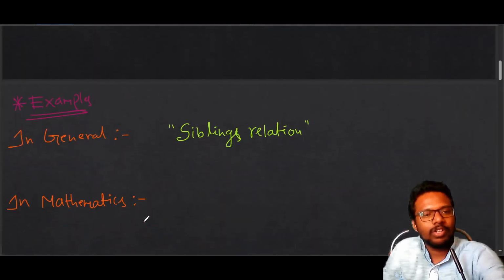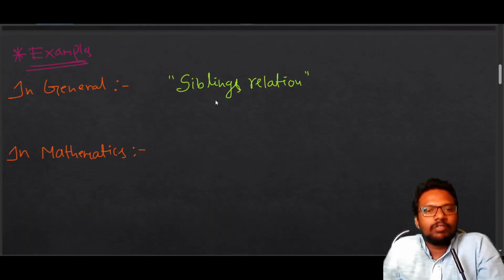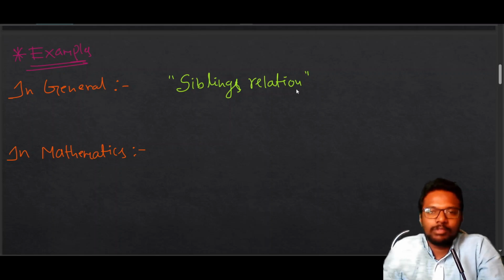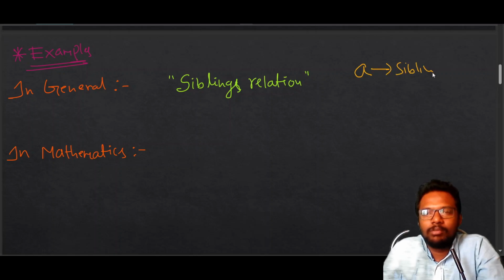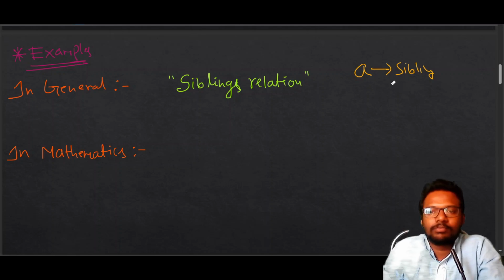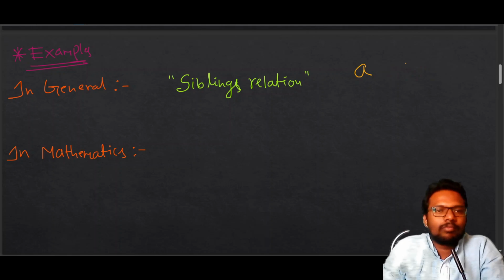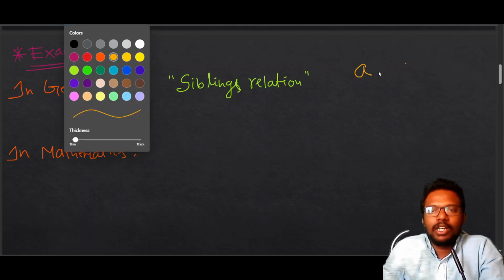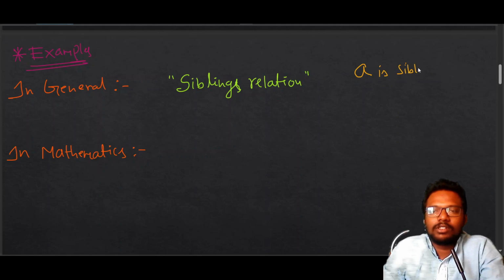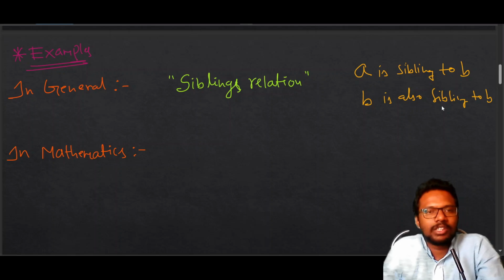In the example, in general we say the siblings relation. The siblings relation we can match to a symmetric relation, because if A is a sibling to B, then obviously B is also a sibling to A. Sibling means either brother or sister.